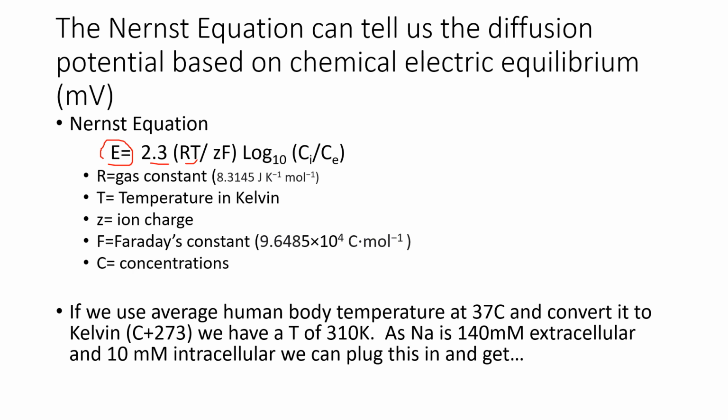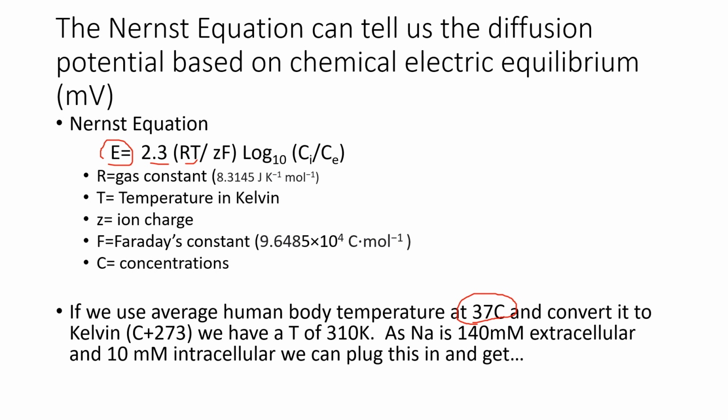So if we actually use this equation and we take the average human body temperature being 37 degrees Celsius, and I'm actually always going to use Celsius in here, even though in physics and chemistry a lot of times you'll use Kelvin. In biology we tend to use Celsius, which the conversion is relatively easy. And so we can actually do that. In this case, we are going to convert the temperature to Kelvin.